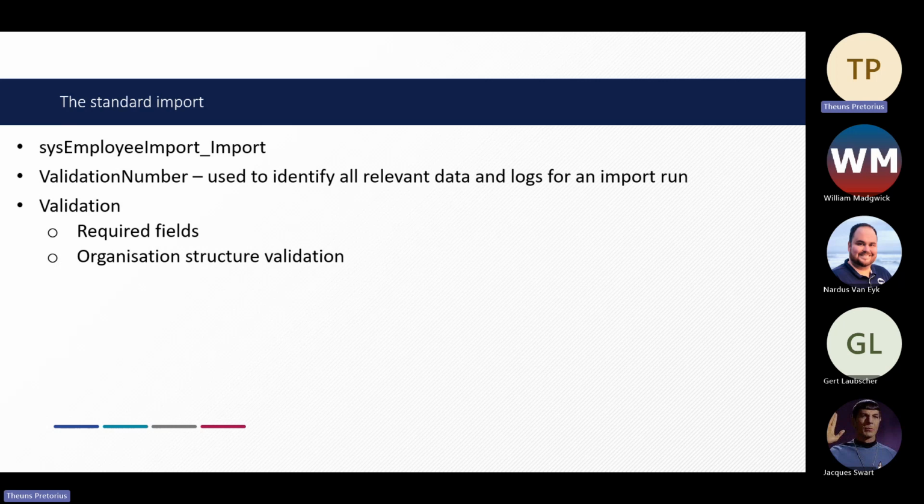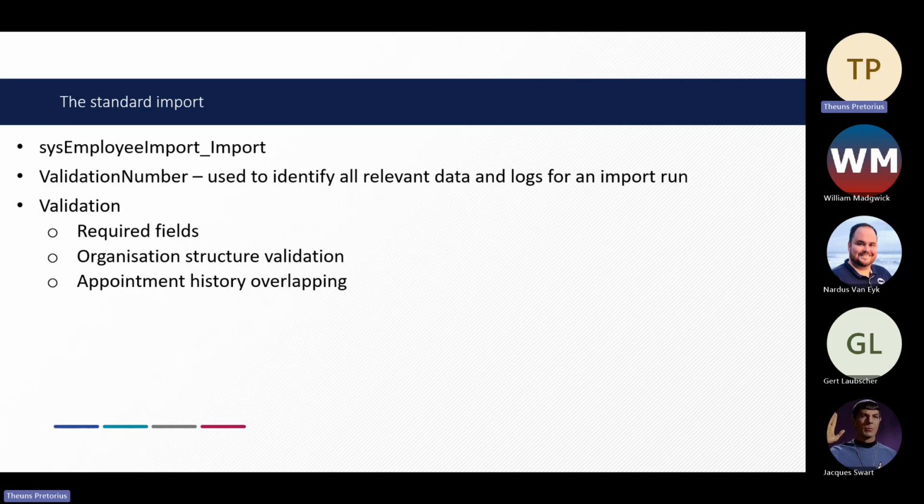If you import 50,000 records, the chances that one record won't import are very big. So only the offending records are not imported. There are front-end reports that the client can draw to see which records were rejected.